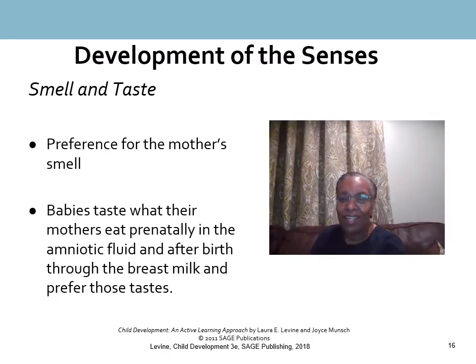But getting back to the topic at hand, mother's milk is considered to be sweet, so the baby is going to enjoy that type of food from mom. And it actually has a calming effect on infants, that desirable taste that they get.